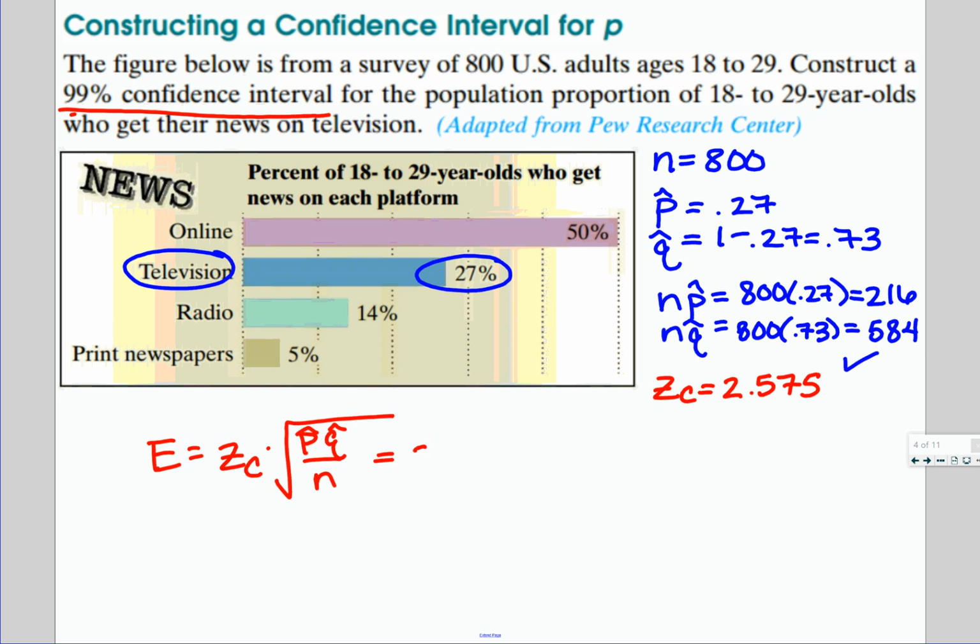All right, so 2.575, I'm just going to fill it in. 0.27, 0.73 over 800. I'm just going to type that in our calculator. Graphing calculator makes this a little bit easier. 2.575 times the square root, set up my fraction under my square root.